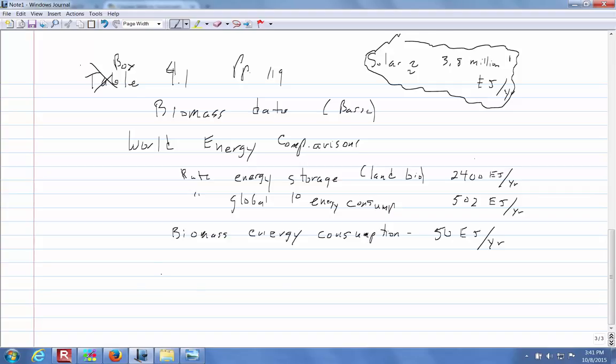And food biomass energy consumption is 29.